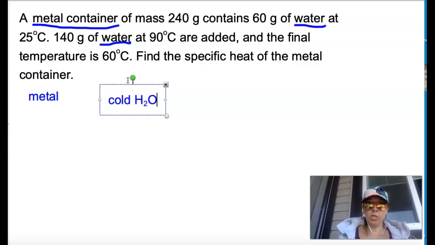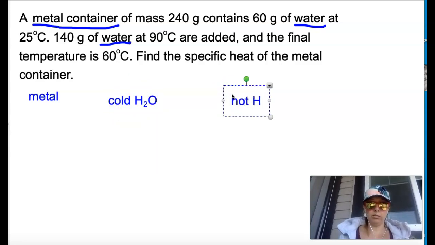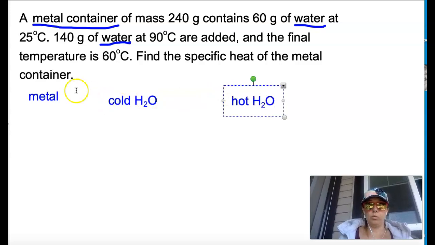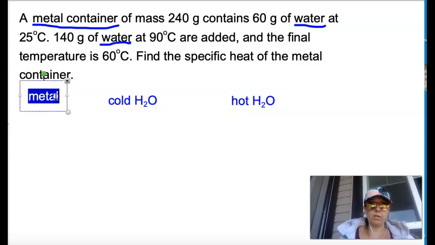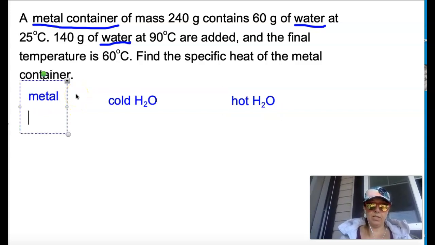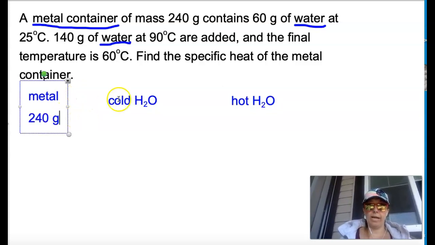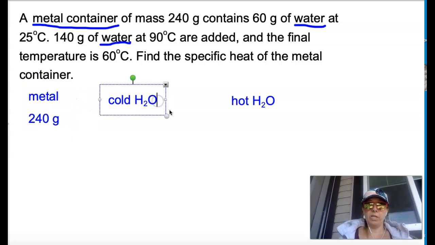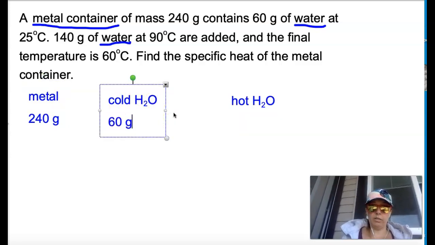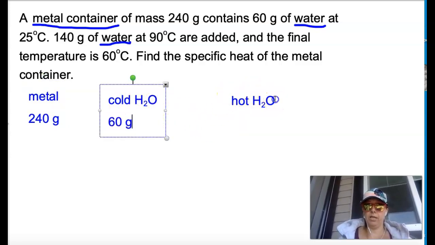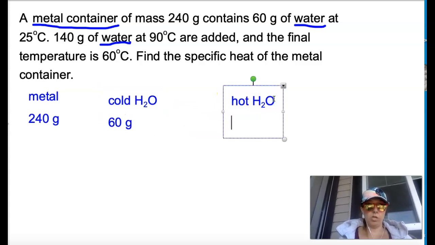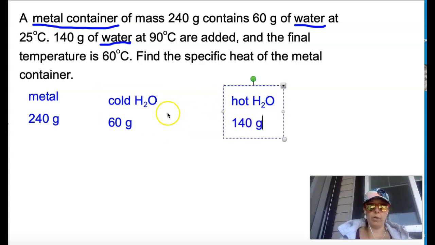So we have the cold water, and then we have that hot water. So givens-wise, we have the mass of the metal container, right? That mass is given to us as 240 grams. Okay, we've also been given the mass of the cold water as 60 grams. And we are given the mass of the hot water as 140 grams.